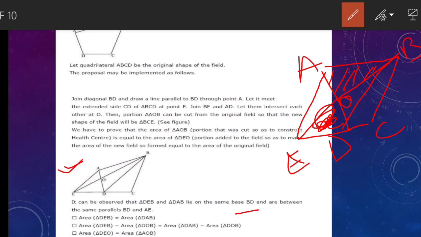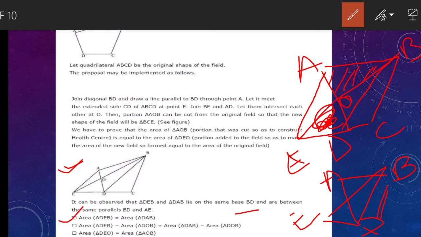So the triangles are like this. DEB is one triangle and DAB is the other triangle. They lie on the same base BD, and BD is parallel to AE, which is given in the question. So we will get the areas of the triangles as equal. So area of DEB is equal to area of DAB.